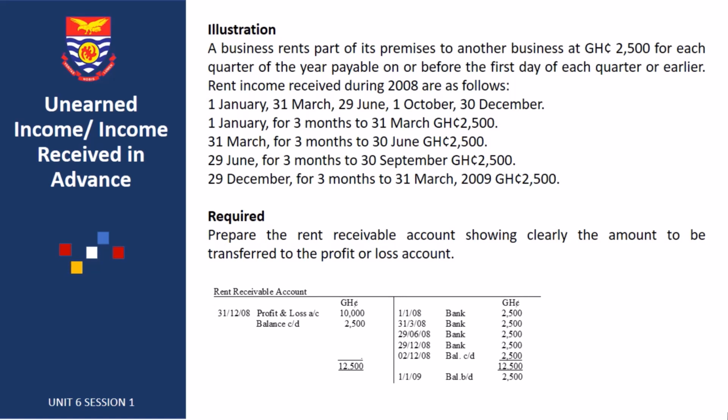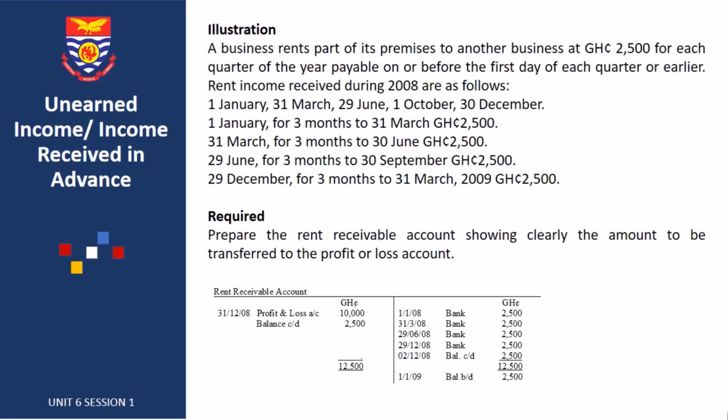And so this is how the rent receivable account will look. It is clear from the account that the tenant has paid the first quarter's rent of 2009 a few days early. Since the amount for the first quarter of 2009 is received in 2008, it is an unearned rent income.